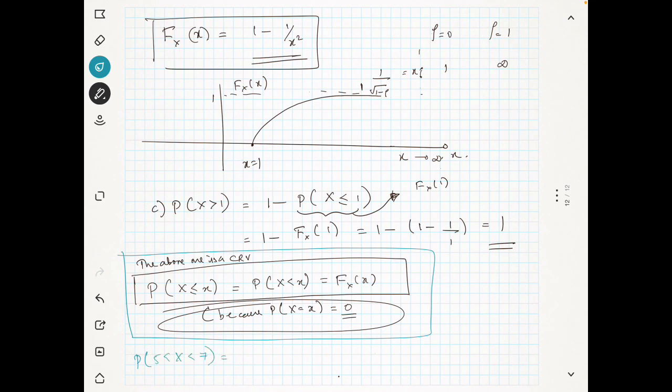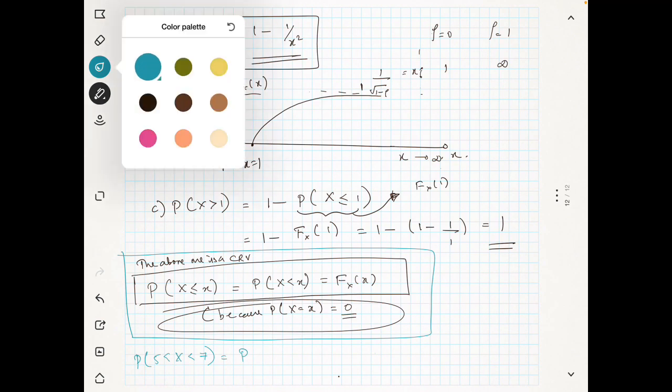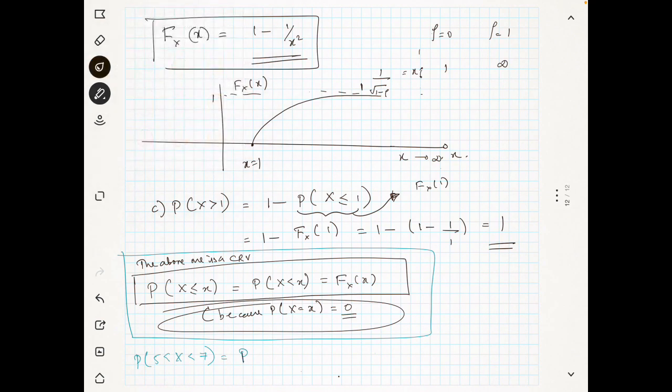This is the same as the probability that x is less than or equal to 7 minus that for 5, because it is a continuous random variable. In discrete you cannot use it like this. Now this is nothing but Fx of 7 minus Fx of 5.